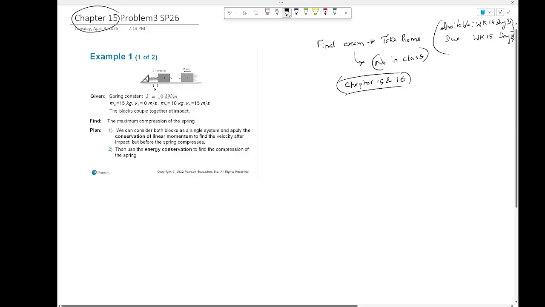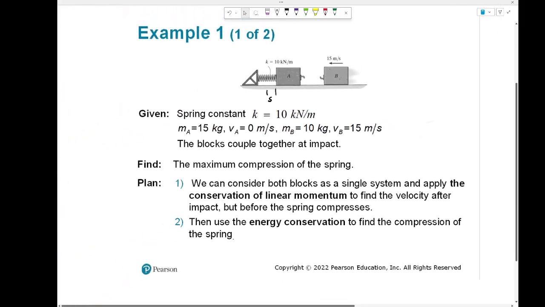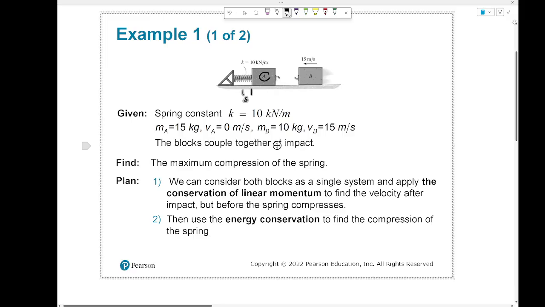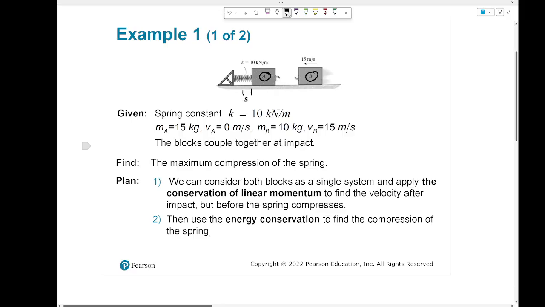Let me get my class note as well. All right, so my class note is here. Let's talk about the problem. What you're seeing here, we have a spring attached to block A, and there is a block B. Initially, block B is moving at minus 15 meters per second.